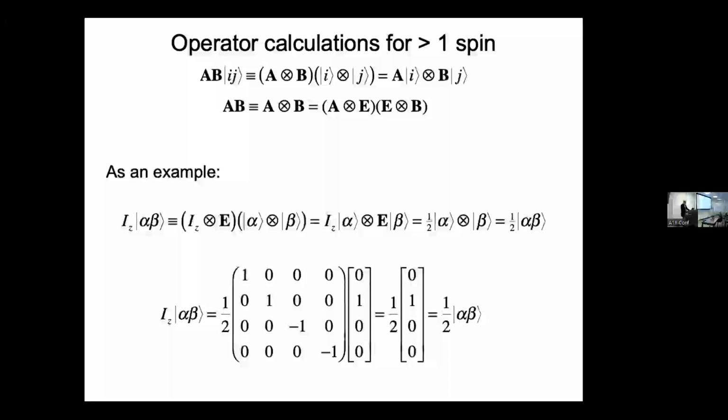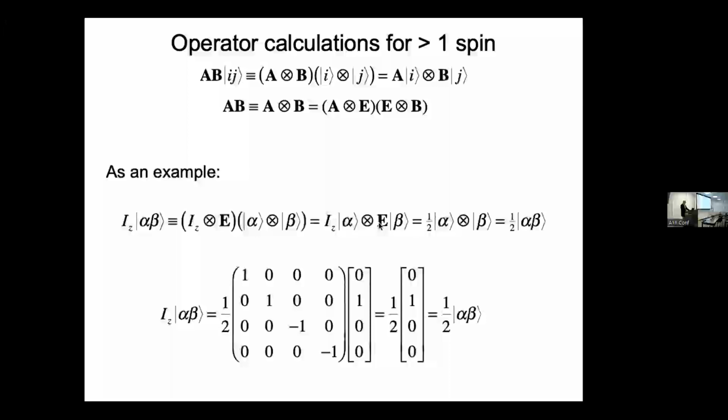There's also a terrific simplification. For example, if in the two-spin case I have IZ, that really means IZ direct product with the identity operator for the S spin. If it's acting on the alpha beta state, that's the direct product of the alpha ket with the beta ket. But the I spin operator only acts on alpha, and that gives back 1/2 alpha.